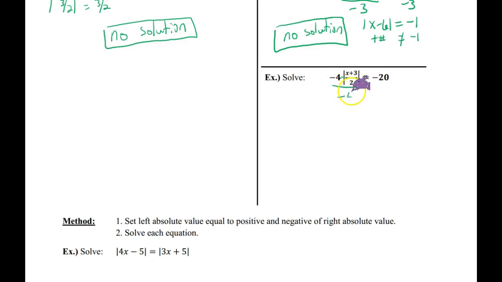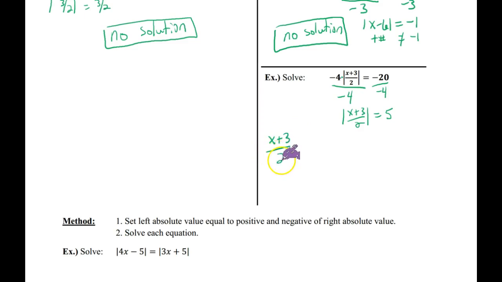If I divide both sides by negative 4, the absolute value is actually equal to a negative divided by negative, which is a positive. So again, that's why it's so important that you isolate your absolute value first and then solve.